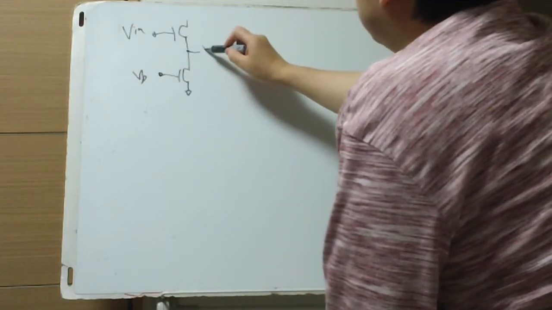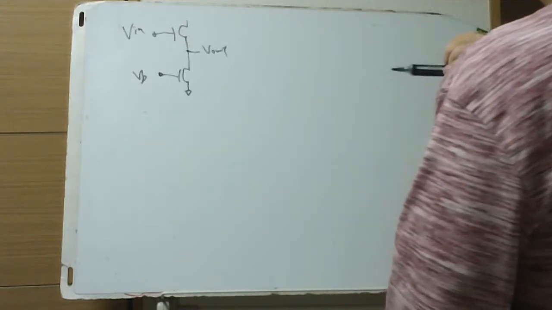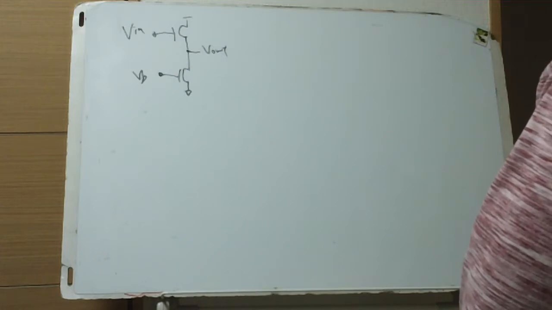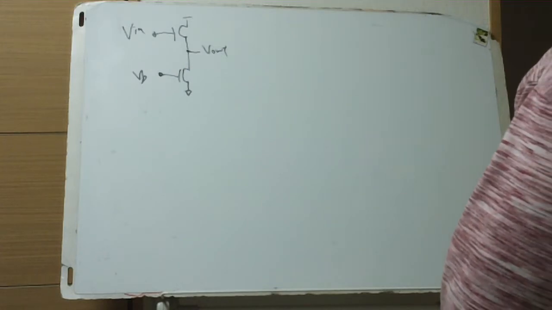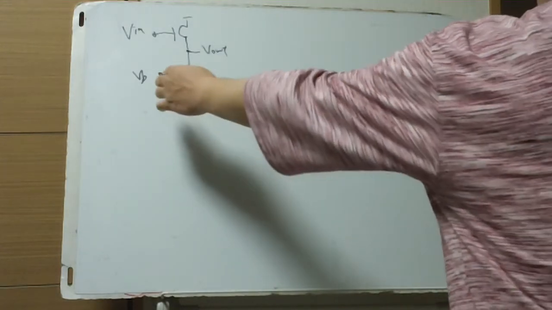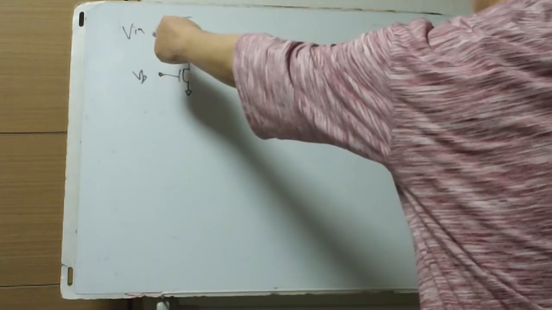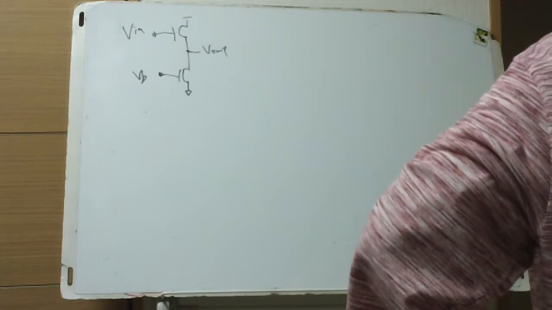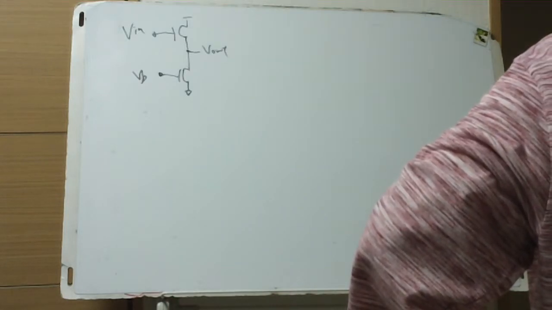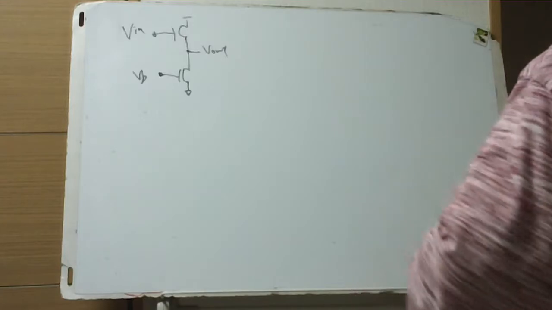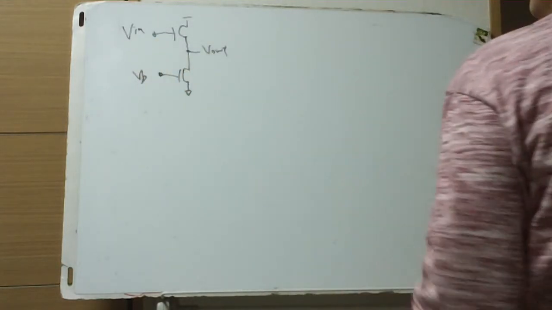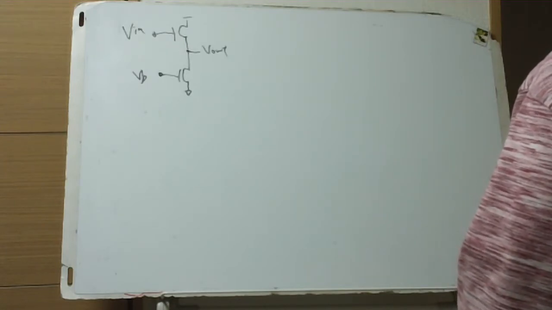And this is V out, and input impedance is almost infinity compared to 1 over gm. So we can neglect the input current noise in this case.